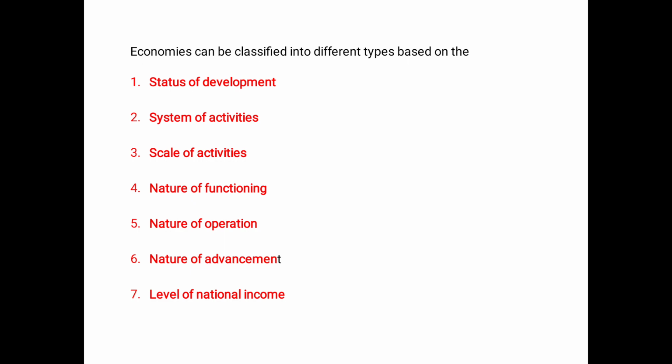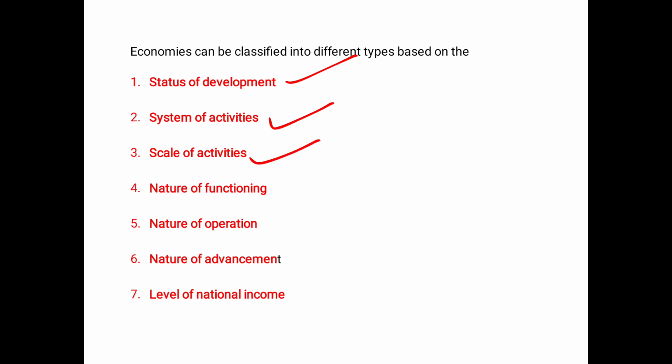Now, economic activities can be classified into different types based on, the first one, status of development. What does this mean? We divide the economy as developed, developing, underdeveloped. We can divide this into these three categories. System of activities, whether they come under capitalism, or socialism, or mixedism.